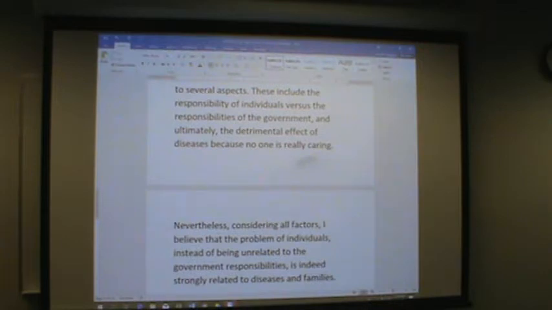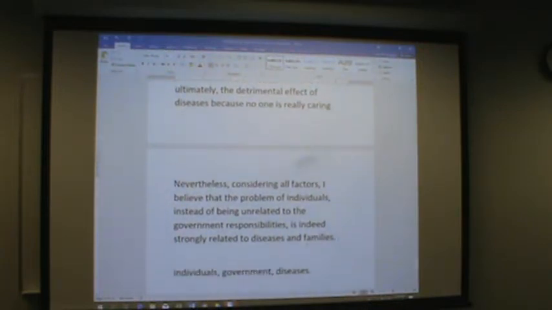Nevertheless, considering all factors, I believe that the problem of individuals, instead of being unrelated to the government responsibilities, is indeed strongly related to diseases and families. Who lives or who is part of the family? Individuals. These two concepts are connected.